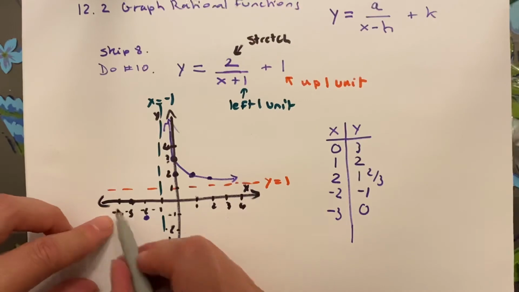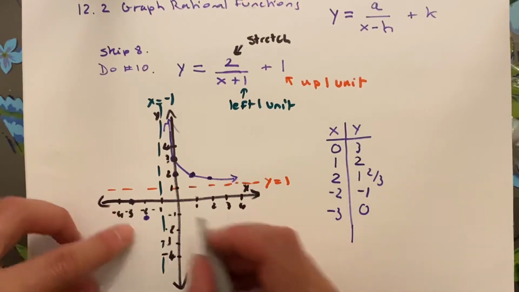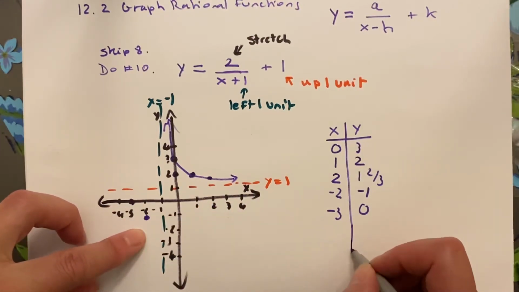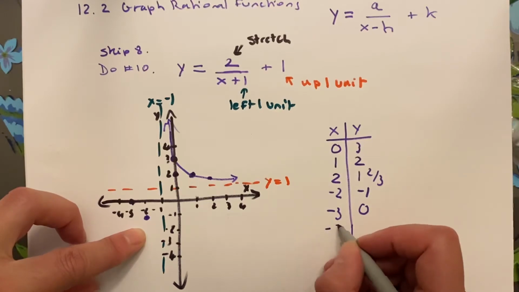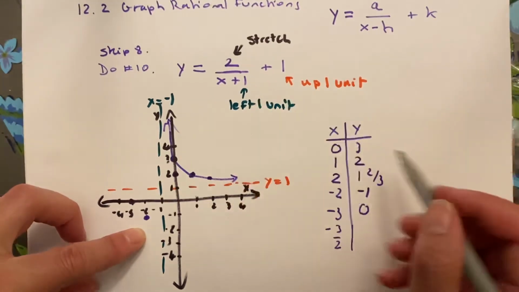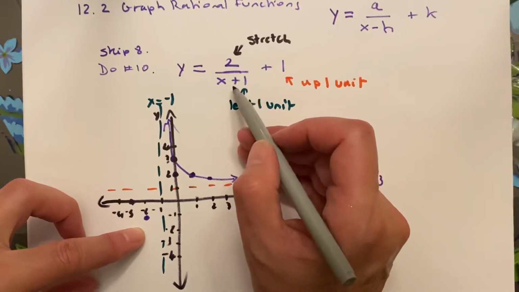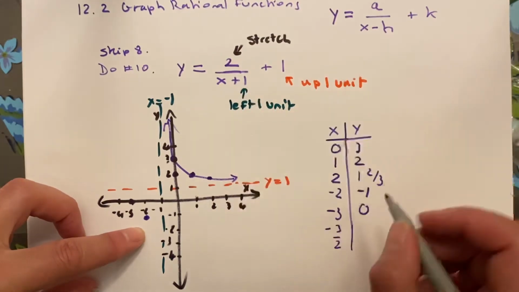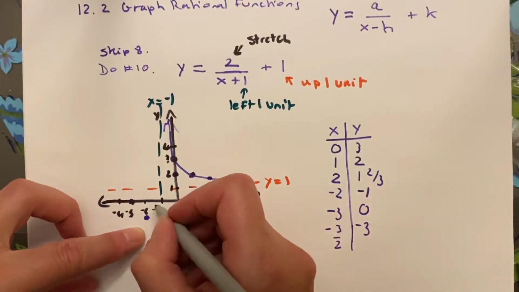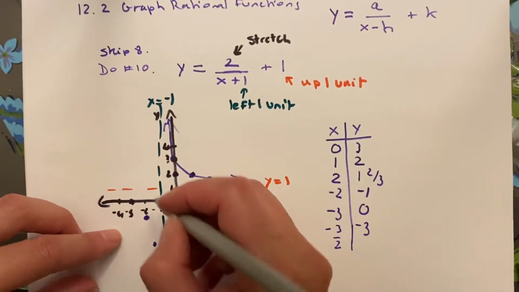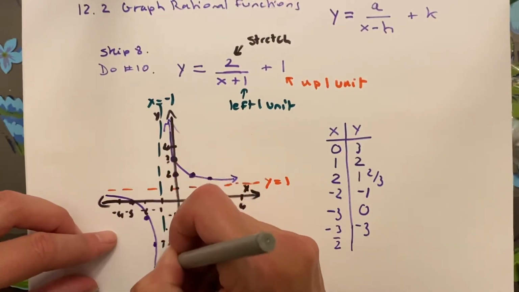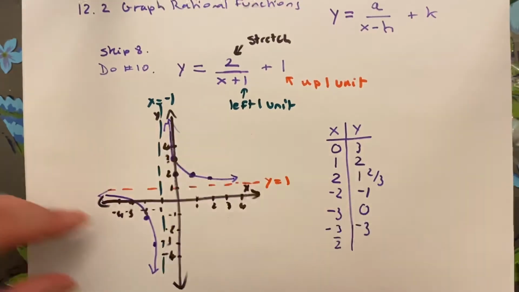And I realize that this is going to go closer, so let me try something between -1 and -2. So I'll try -3/2. -3/2 plus 1 is -1/2. 2 divided by -1/2 is -4 plus 1 is -3. So here I go. And again, I've got a beautiful second branch.